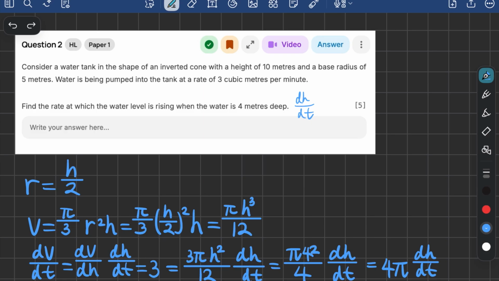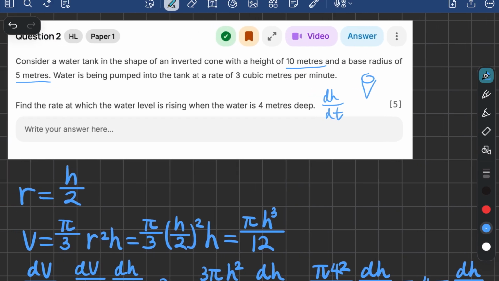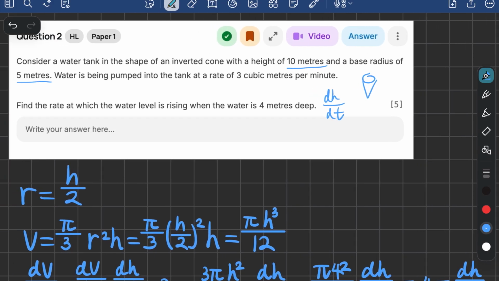And it's given that the cone is inverted and the maximum height is 10 meters and the base radius is 5 meters. So we don't want to have a ton of variables when we're solving, so we can just write r as h over 2, because 10 over 2 is just 5, so we can just write the relationship like this.